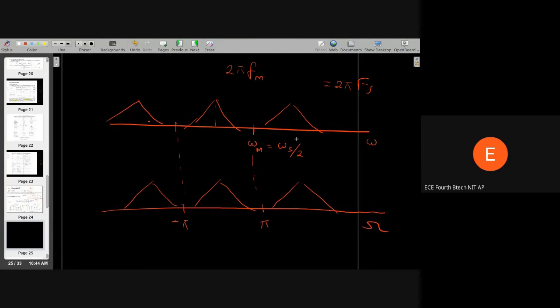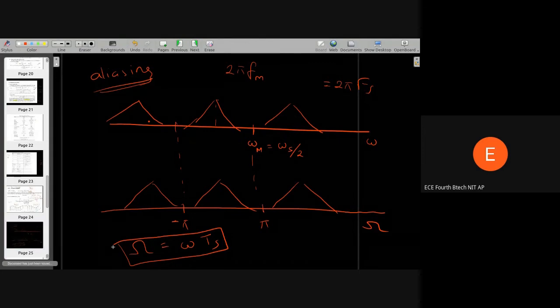You can get back your continuous time signal if you follow this relation. If you follow the Nyquist criteria, there is something called aliasing. What is aliasing? Please go through it in your assignment. But this relation is important. You should know how the continuous time Fourier transform and discrete time Fourier transform are related.